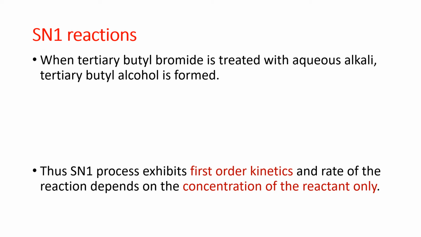And SN1 reactions are usually given by tertiary alkyl halides. For example, when tertiary butyl bromide is treated with aqueous alkali, tertiary butyl alcohol is formed.